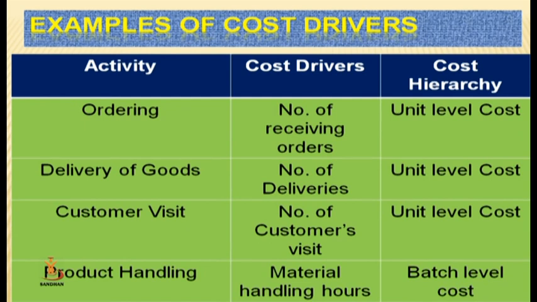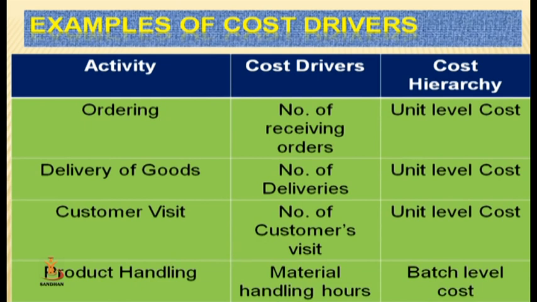First the activity, then we classify the cost hierarchies into 4: unit level, product level, facility level or batch level. According to the nature of the product and the activities going on, we bifurcate into cost drivers.